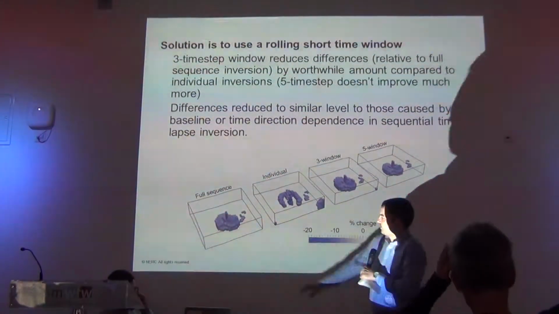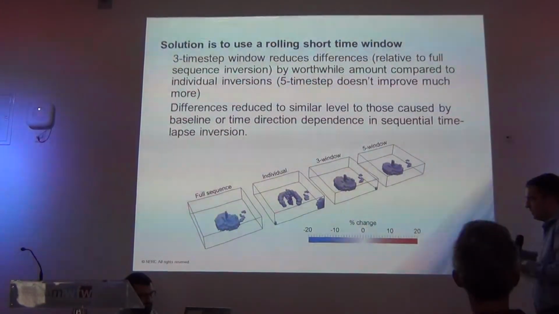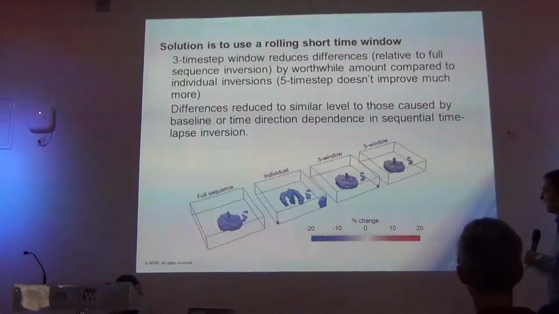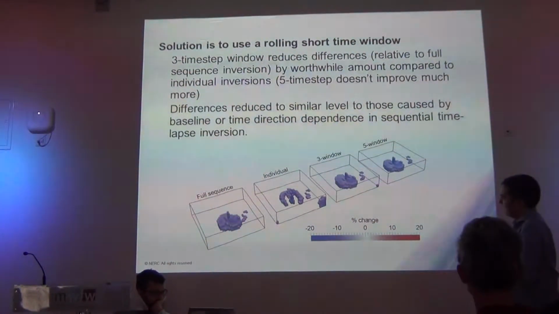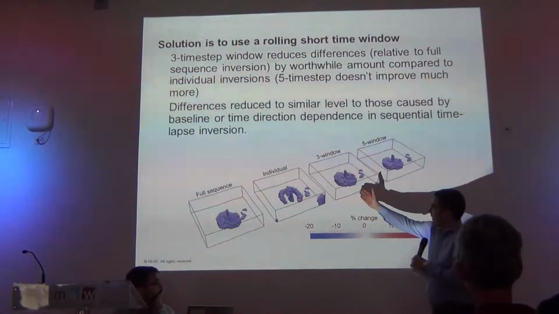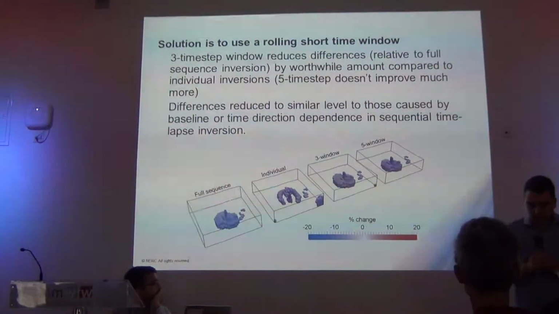You have the full 4D sequence inverted with all the data sets, and by comparison, inversions just over a 3 time step window and over a 5 time step window.